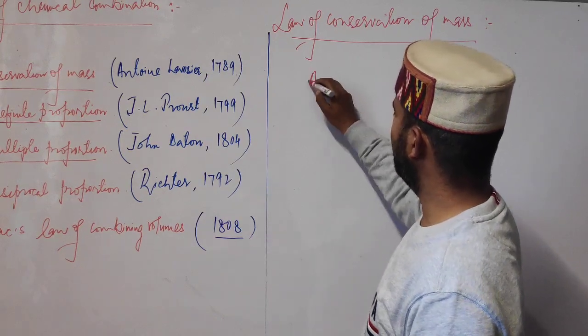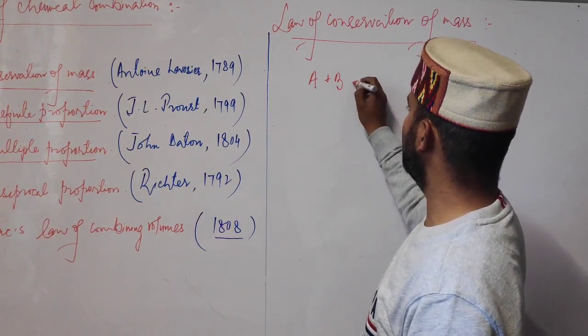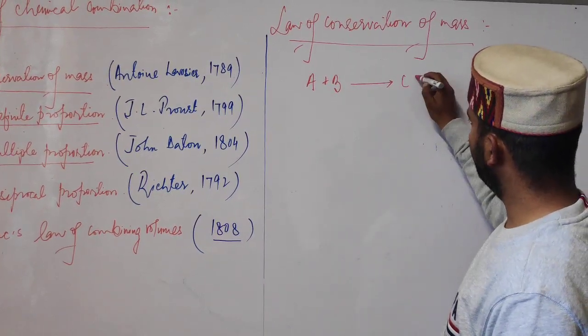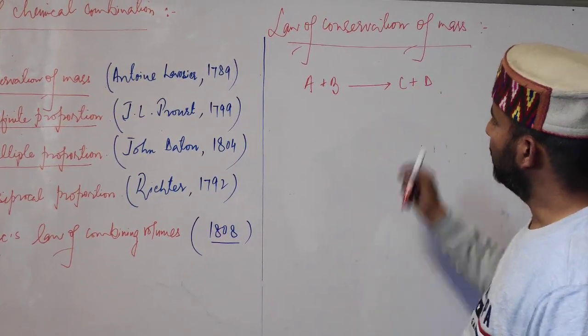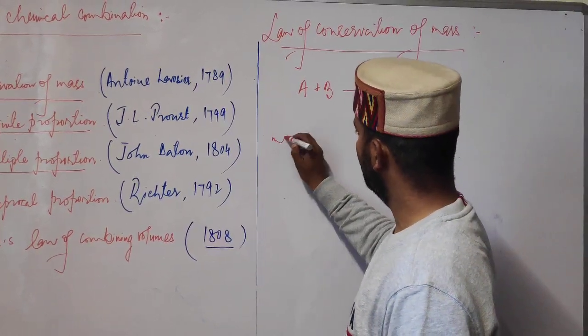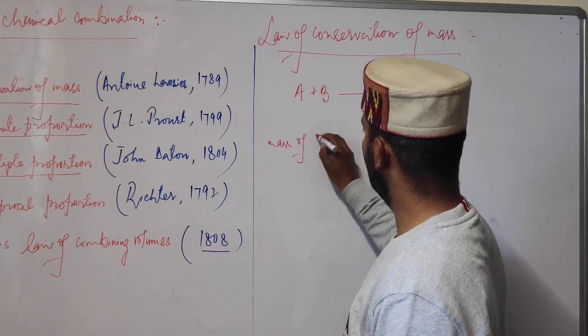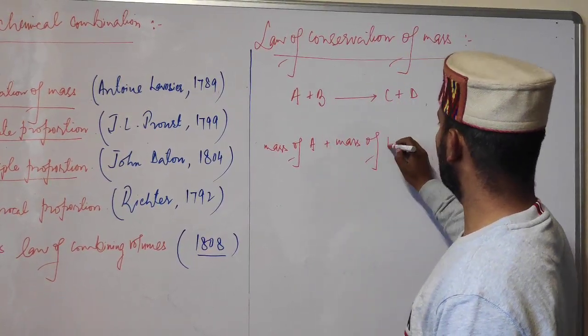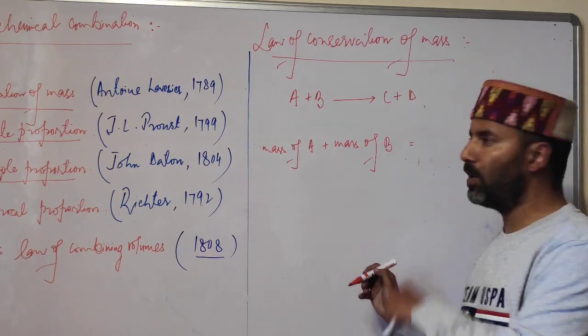Say for example, if I have A plus B reactants and they form products C and D, then according to this law, the total mass of reactants, that is mass of A plus mass of B, is equal to the total mass of products.